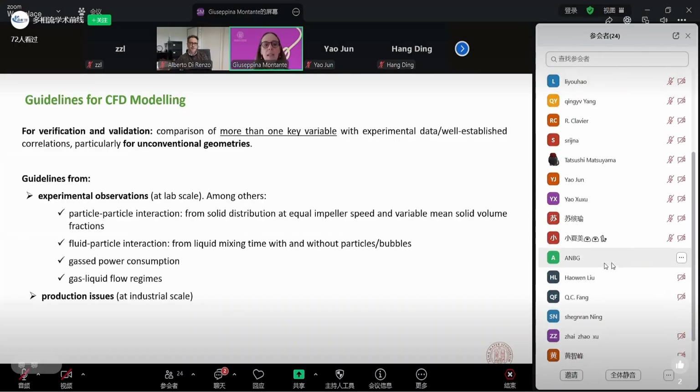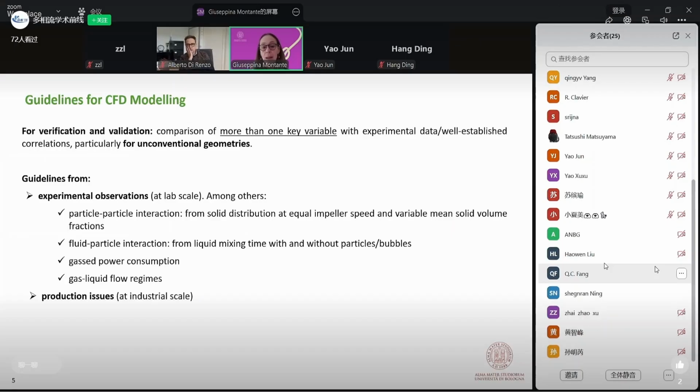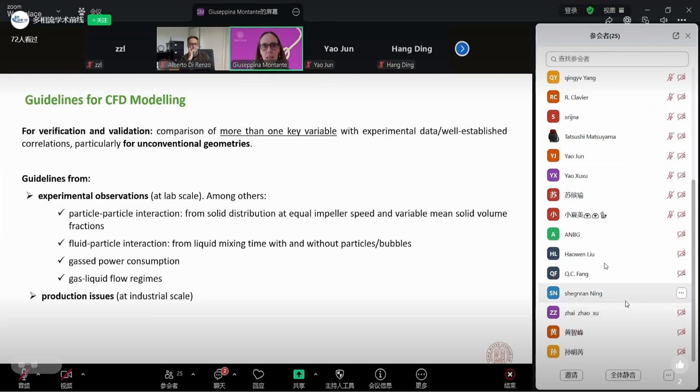Gassed power consumption and gas-liquid flow regime are also particularly important to know in advance for evaluating the reliability of gas-liquid modeling for stirred bioreactors, for instance, that are widespread in the case of the fermentation industry. We can also have guidelines from production issues at industrial scale, and I'll show you an example for that.